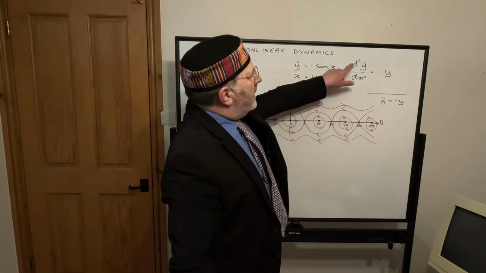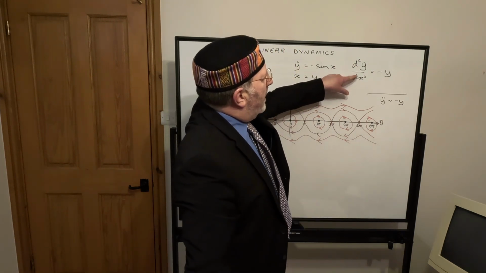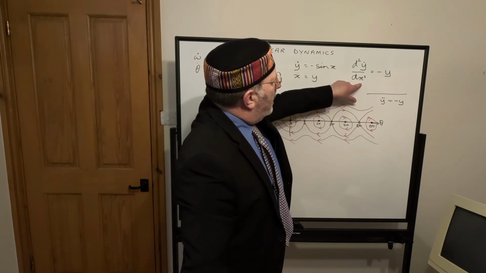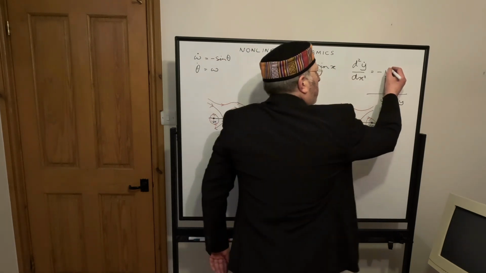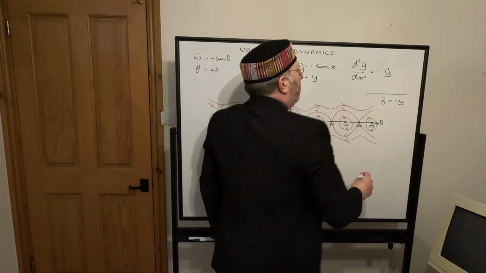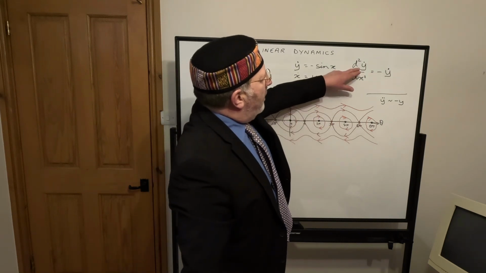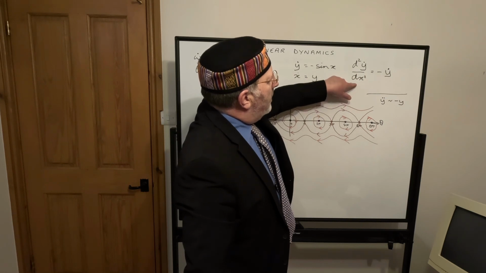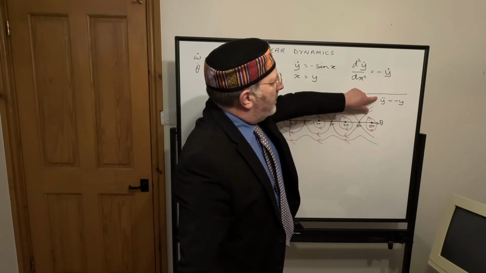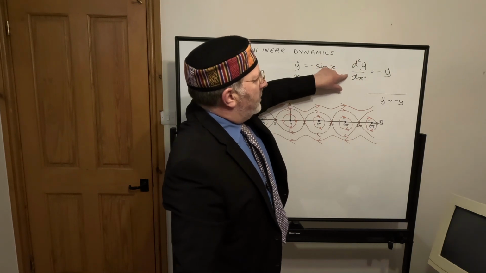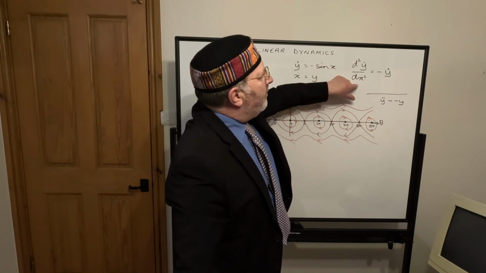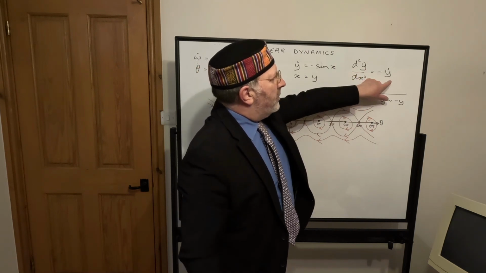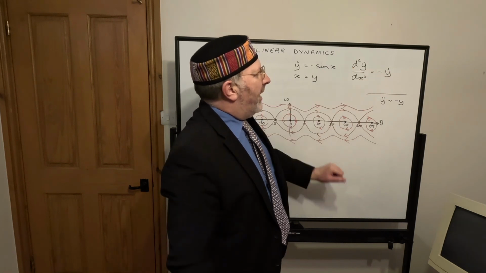But here it's d2 y dot by dx squared, and that should be minus y dot as well. Sorry, so instead of y, we've got y dot, and instead of differentiating twice with respect to time, we're differentiating twice with respect to x. But we've got the same basic principle that the second derivative is proportional to minus the value of the variable.